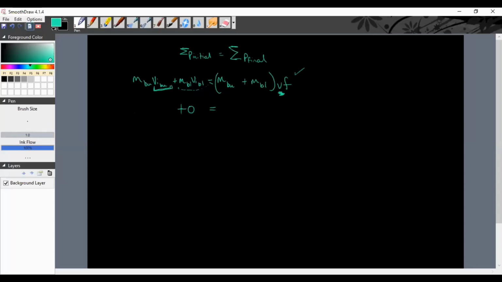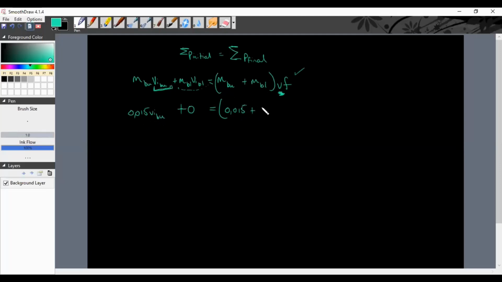There is, however, momentum of the bullet. We knew that the bullet was 15 grams. If we convert that, it'll be 0.015 kilograms times VI, and I'm still going to say VIBU. So that's our unknown. We know the mass of the bullet was 0.015.